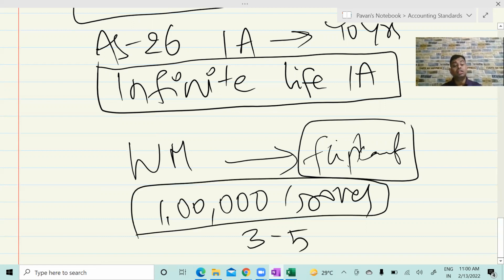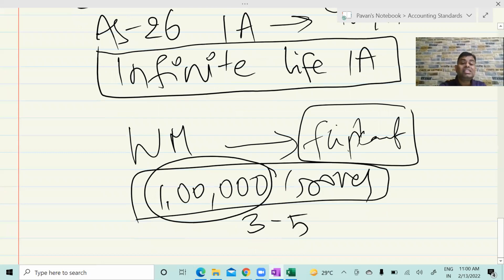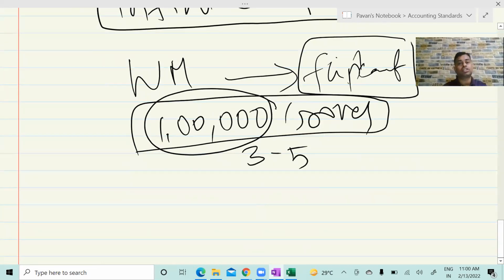No, sir. The benefit may accrue for the next 50 years also, who knows? So global accounting standards say, dear Walmart, recognize this 1 lakh crore as an intangible asset. Every year or once in 3 to 4 years, check it for impairment loss.